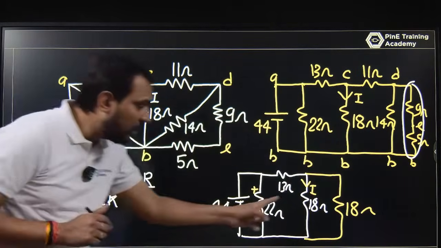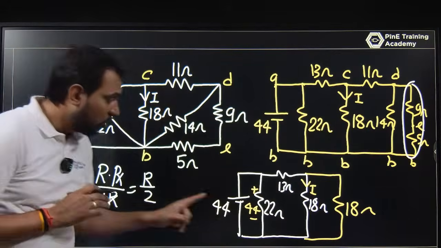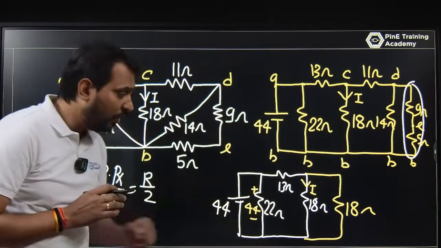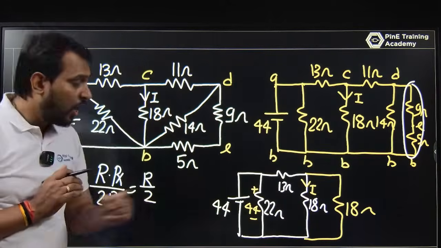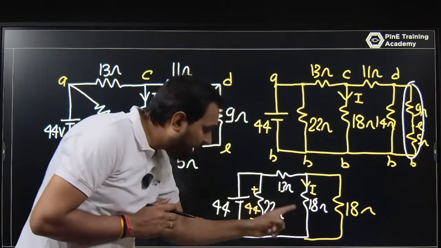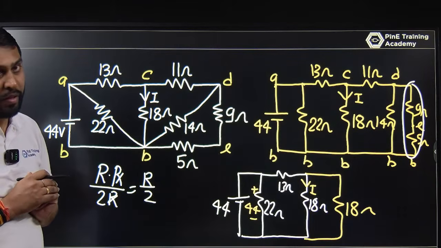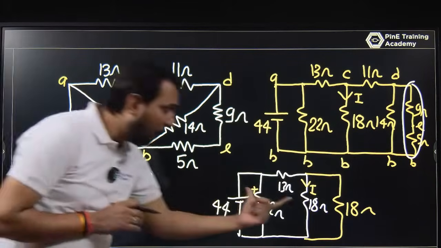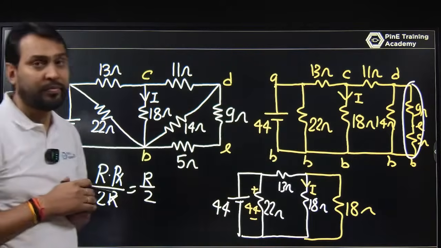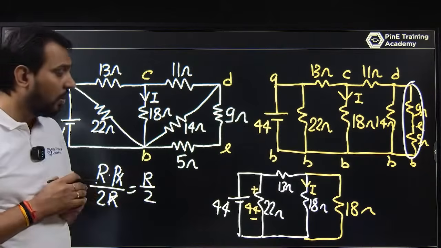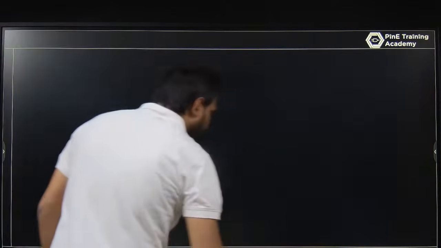I am trying to find the current here. We don't know the voltage here. If you know any one of those voltages, you can determine the current, because in parallel voltage is same, in series current is same.